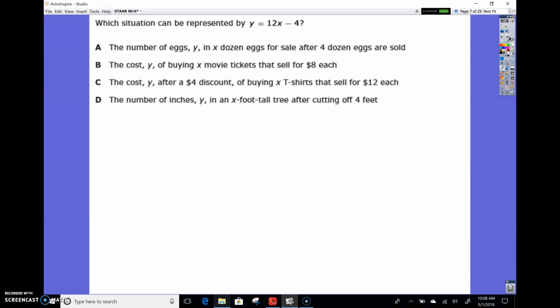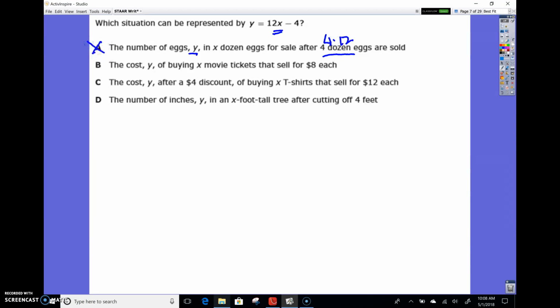Which situation can be modeled? The number of eggs, y, in the designated area for sale after 4 dozen eggs are sold. It doesn't tell you where the 12 and the x go together. 4 dozen, remember, a dozen means 12, but the 4 and the 12 go together. That's not it.